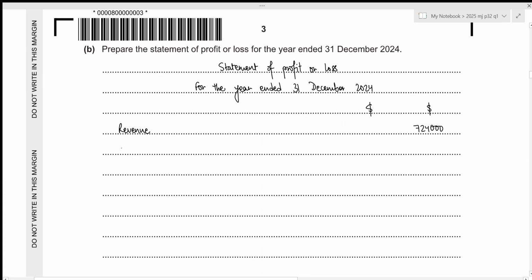Then we need to include our cost of sales. This is a combination of manufacturing account as well as a trading business. In this case, we are producing our own goods as well as purchasing some finished goods as well.